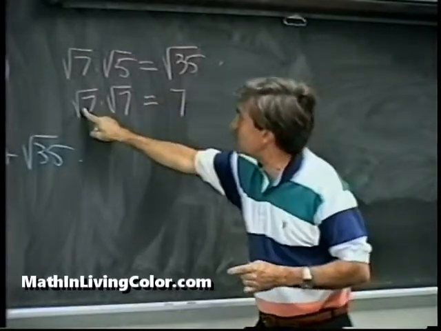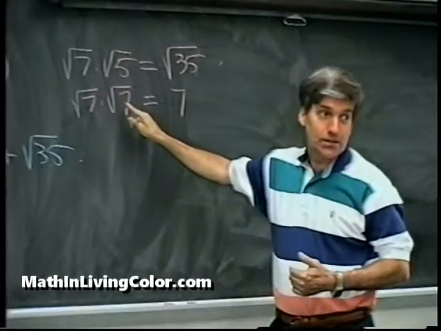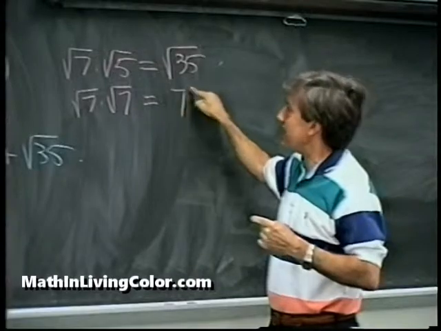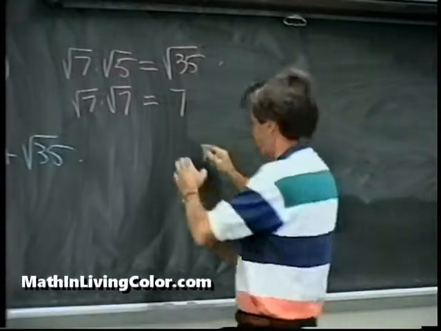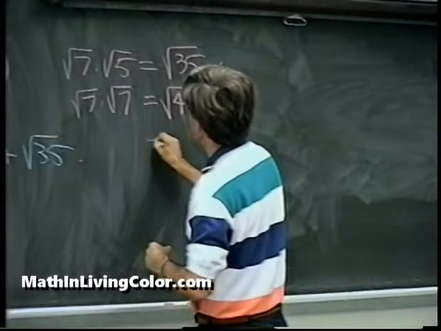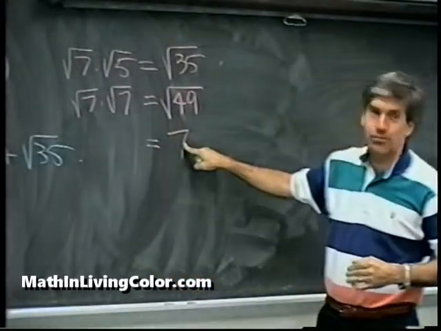So the radical 7 times radical 7 does remove the radical sign. Okay? A radical 7 times radical 7 is 7. If you wanted to, you could put the square root of 49, and then that is 7. Or you could go directly to the answer and put 7.